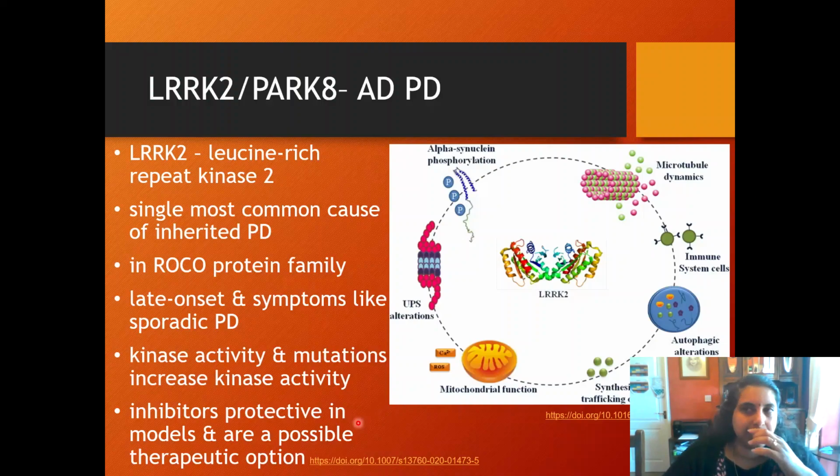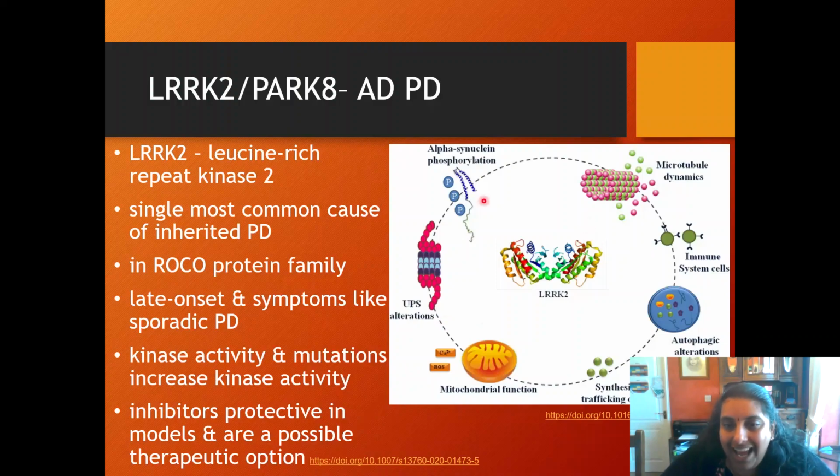That's one of the problems with inhibitors, is if they inhibit loads of things, they might have very negative effects. But at the moment, there has been some research that has shown that LRRK2 kinase inhibitors are actually protective in model systems. So I think there's been some cell culture work, some animal model work, and it's being thought of as a future therapeutic option.